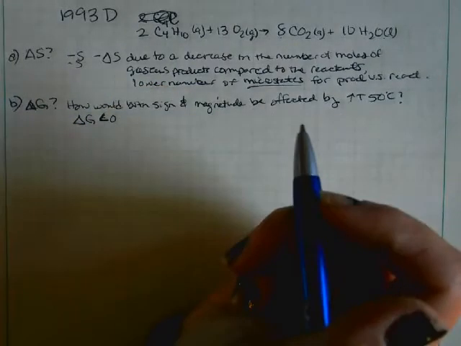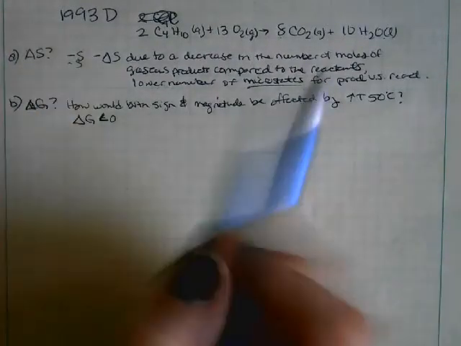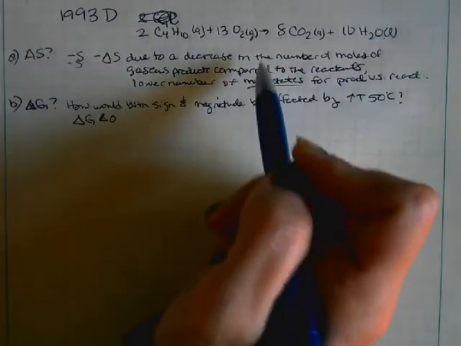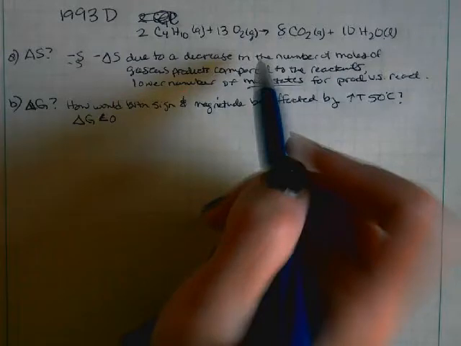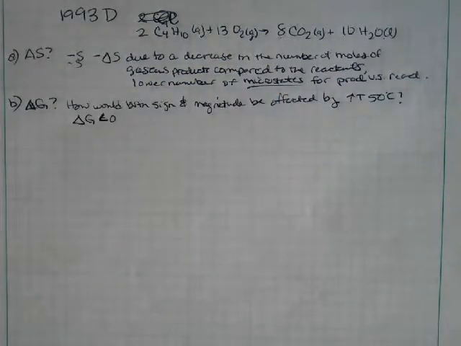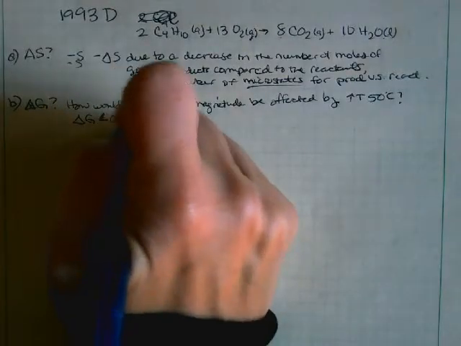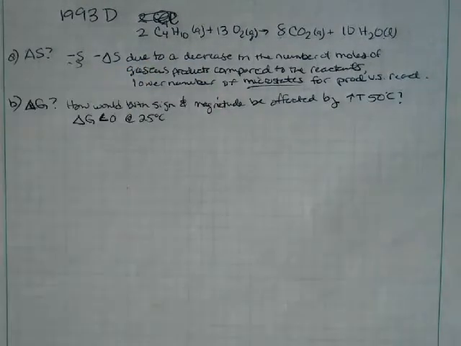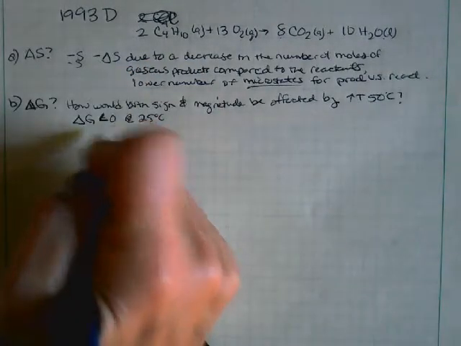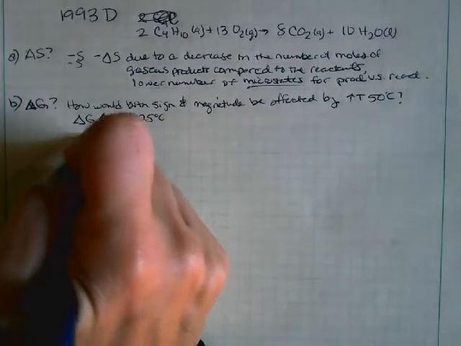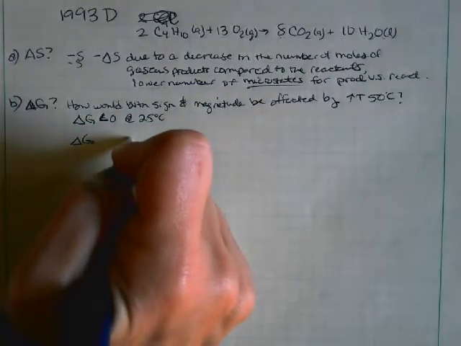That means it's negative. We know this because it's a spontaneous process, as described in the problem. It says the reaction above is spontaneous at 25 degrees. So this is true at 25 degrees C. And it's asking what happens to delta G at 50.